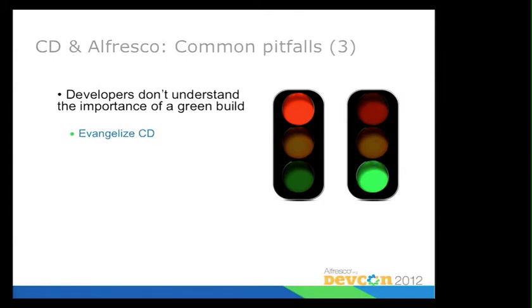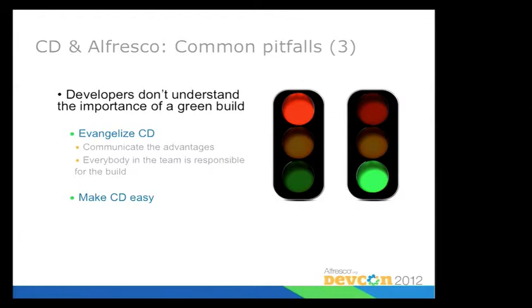So evangelizing the value of a green build, communicating the advantages and making sure that everybody feels responsible for a green build is of paramount importance. And it takes some time to settle in with the development team before they actually understand that.